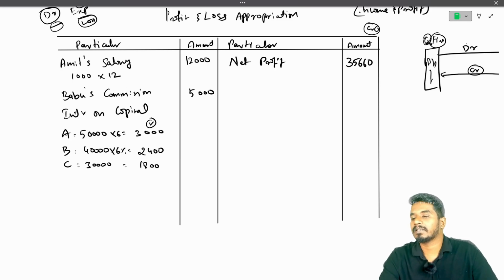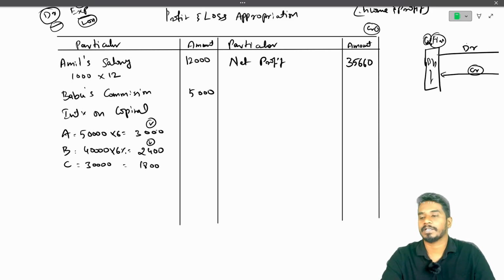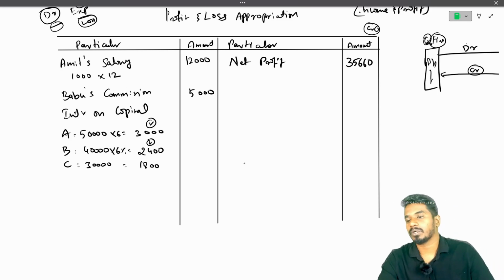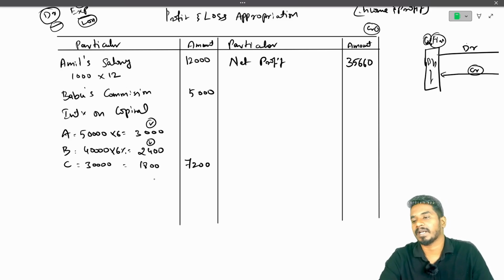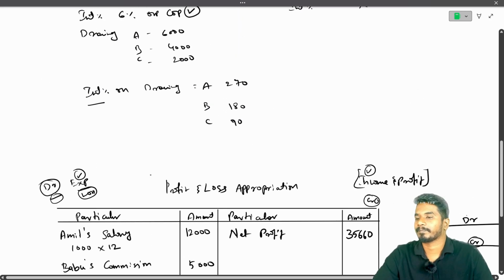So these are the interest the company needs to pay. What is the total? So 1,800 rupees of Charu, 2,400 of Babu, and 3,000 of Amit. So total 7,200 rupees interest the company needs to pay to the partners. Right? Fine.